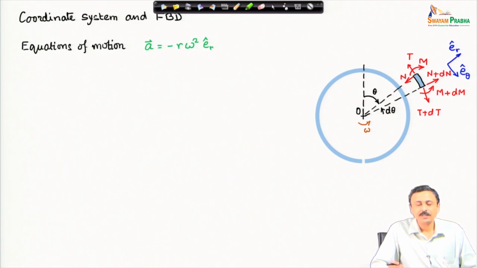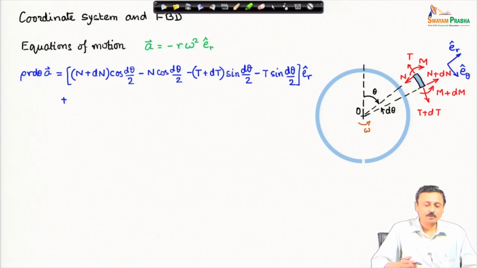Acceleration of this element in plane polar coordinates: the only term that remains is the centripetal acceleration, because its radial coordinate is not changing and it does not have any radial velocity, therefore no Coriolis acceleration and no radial acceleration. There is no tangential acceleration, because the ring is rotating at a constant angular velocity. Therefore, the only acceleration that we have is the centripetal acceleration, minus r omega square e_r cap.